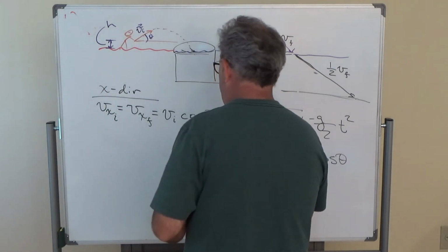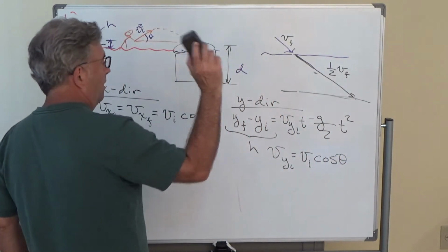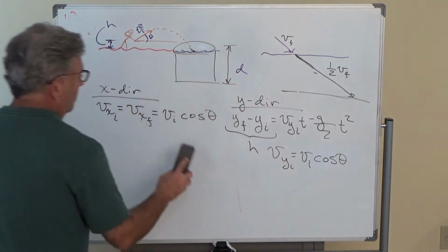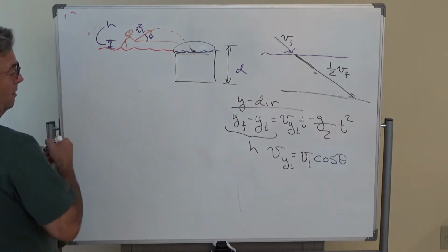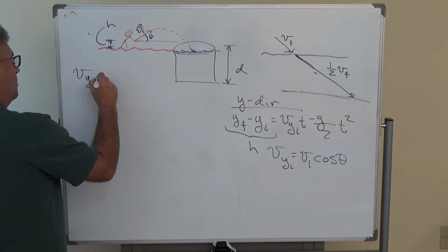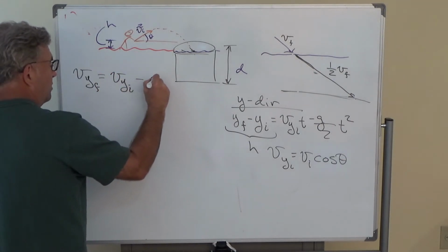You can solve for this time of the trajectory. Once you have T, I'm going to leave that up there. I'll erase this. Once we have T, we can have Vy final is equal to Vy initial minus GT.